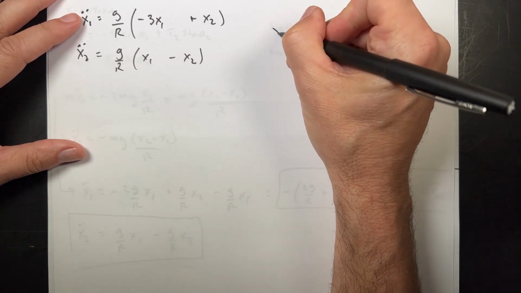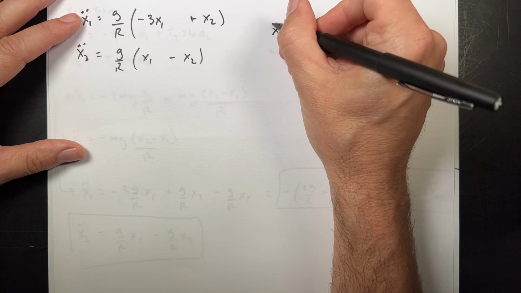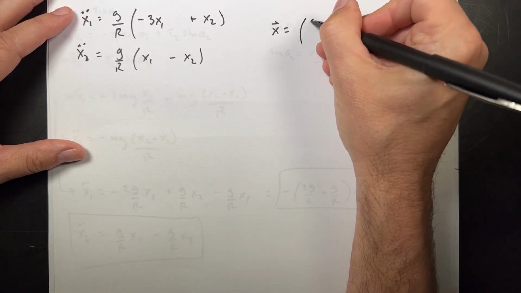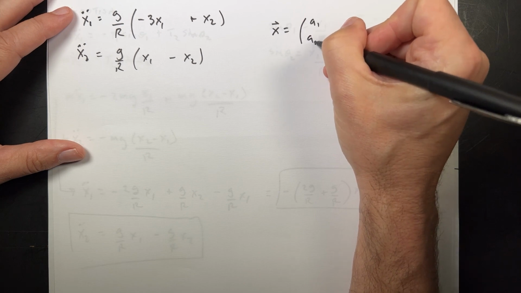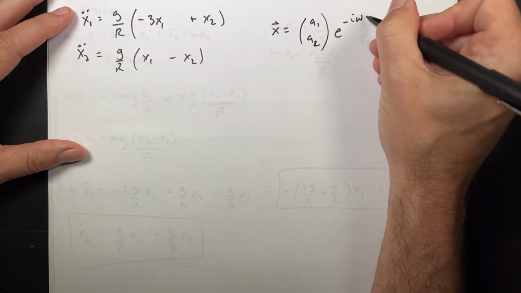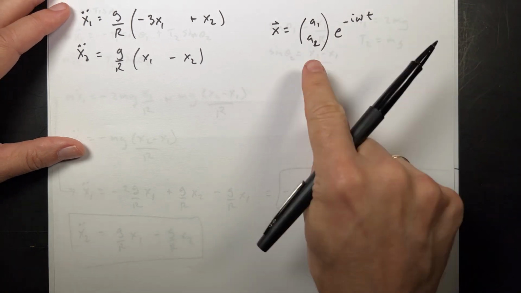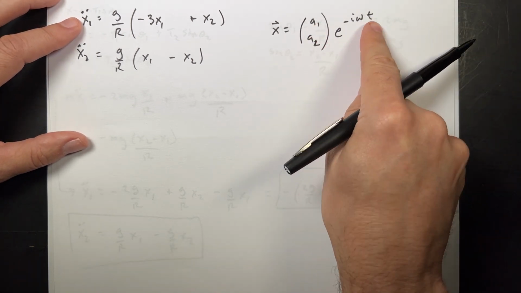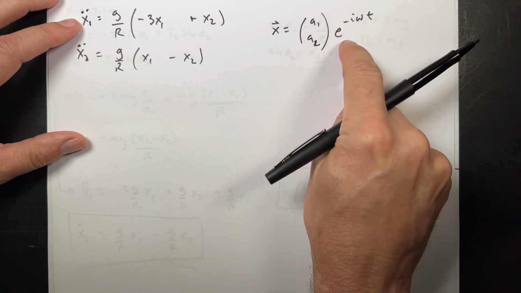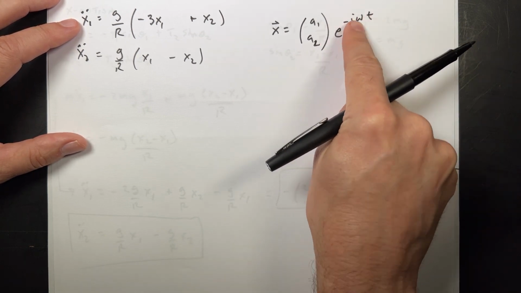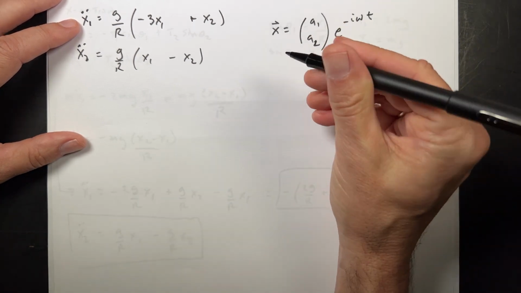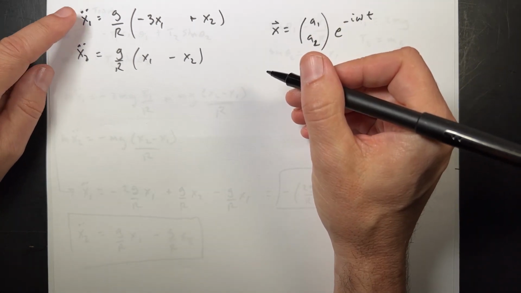I'm going to define the solution as a vector x equal to some vector a1, a2 times e to the minus i omega t, so that x1 will be a1 times that, x2 will be a2 times that, but they have the same frequency. And yeah, that's an imaginary complex number, and we're going to take the real part of that, but it doesn't really matter.